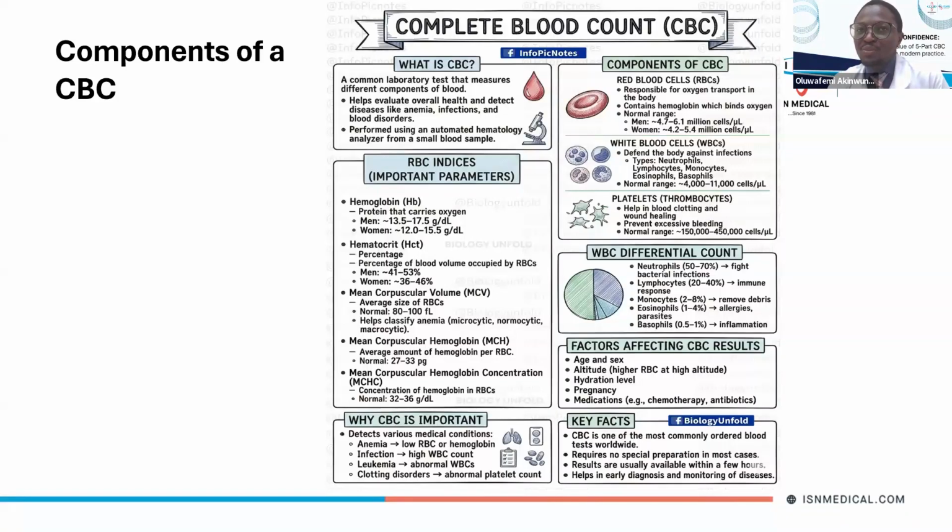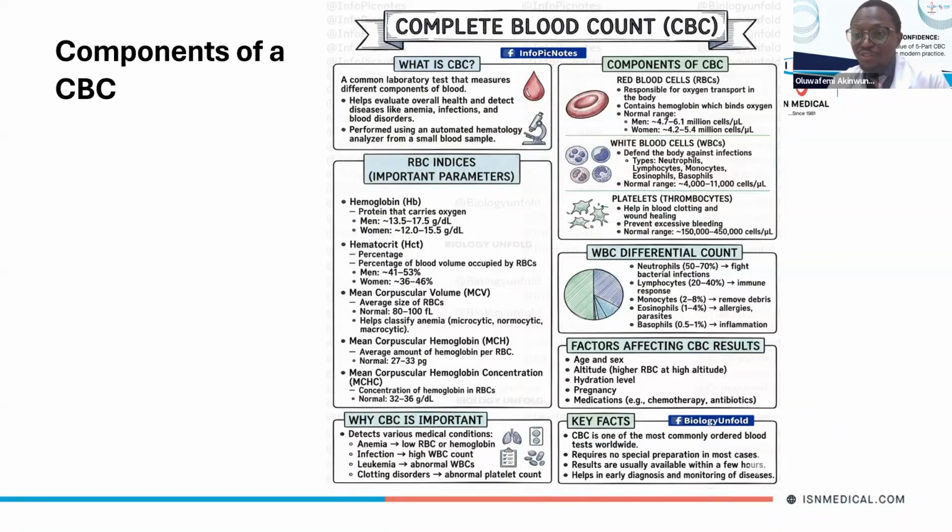For instance, things that will make the MCV low will be things that affect hemoglobin formation. So when you talk about chronic blood loss, if somebody's losing blood, they are losing hemoglobin, or in a way, they are losing iron. Over time, as the body tries to form more red blood cells, the iron content reduces. So if somebody has low MCV, you can begin to suspect maybe this person has chronic blood loss or iron deficiency.